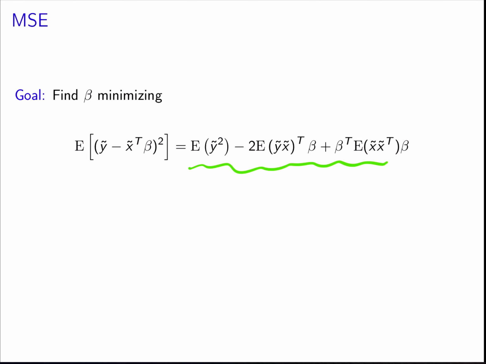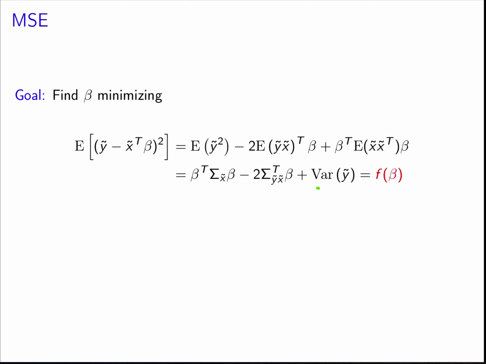Again, as in the case when we were deriving the best constant estimate, once we apply expectations to things, they become deterministic quantities. For ease of notation, we're going to name these quantities.